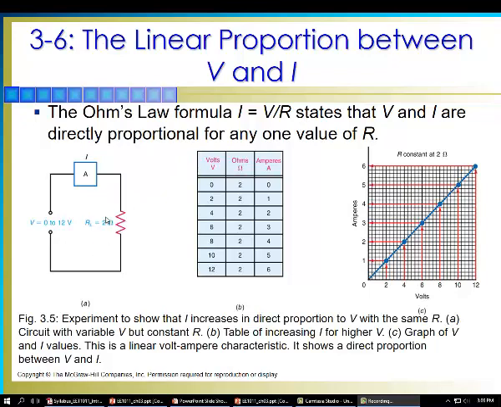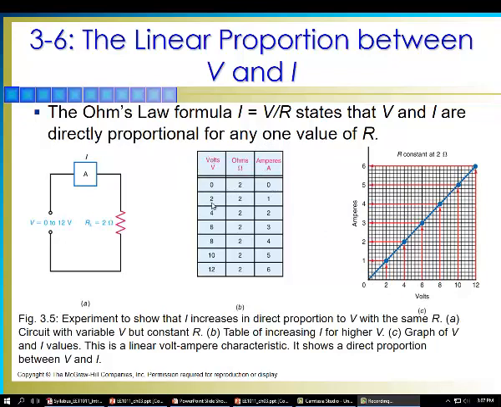Take a look at this circuit right here, for example. This goes from 0 to 12 volts. The resistor is 2 ohms. And what is the current? Here are the values. The voltage is 0, then the current is 0, because 0 divided by 2 is still 0.